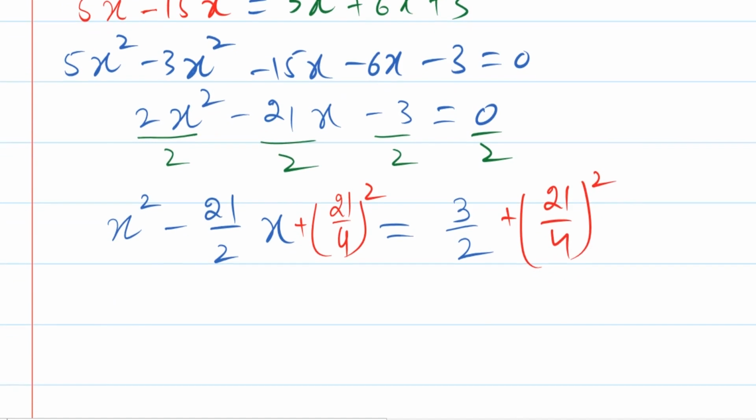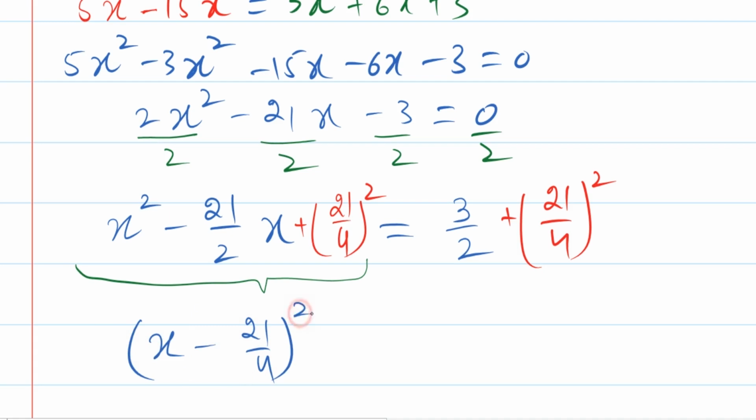This has given me the left hand side as a perfect square. The expression on the left now, these three terms, they are representing a perfect square in expanded form, which is a square minus 2ab plus b square, which can be written as a perfect square, and that is x minus 21 over 4 whole square, and then I will have 3 over 2 plus the square of 21 is 441 over 16.